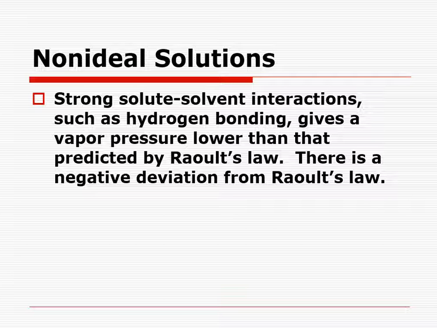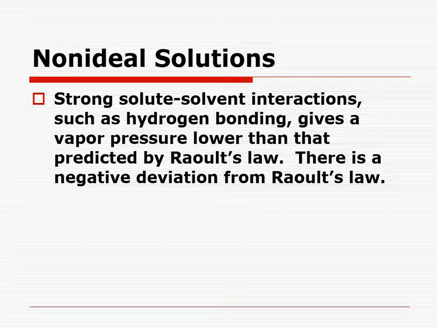However, oftentimes in the lab, the solution would maybe have a lower vapor pressure than what Raoult's law predicted, or a higher vapor pressure than what Raoult's law predicted. And so that would be called a deviation from Raoult's law, and that would be considered a non-ideal solution. So there's just two different scenarios. You're either a positive deviation or a negative deviation, and it's really based on the intermolecular attractions that take place.